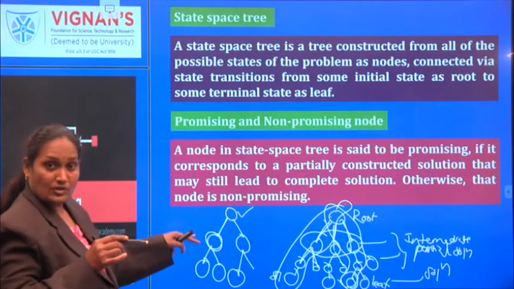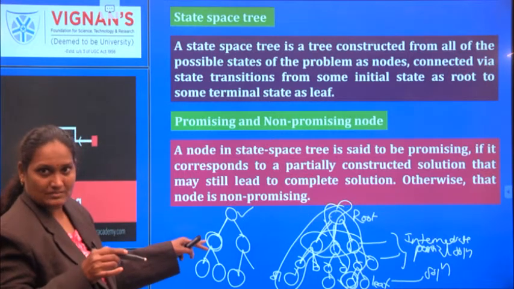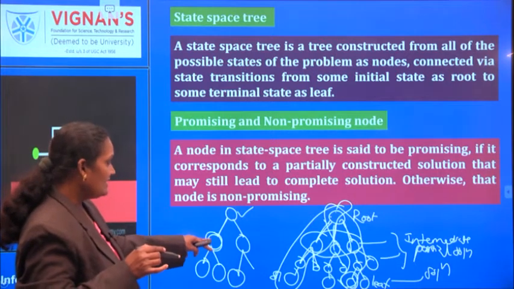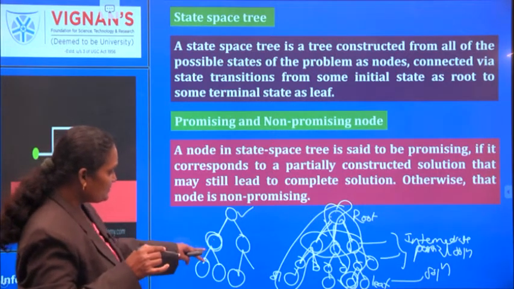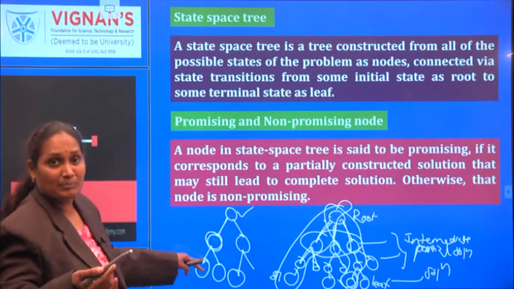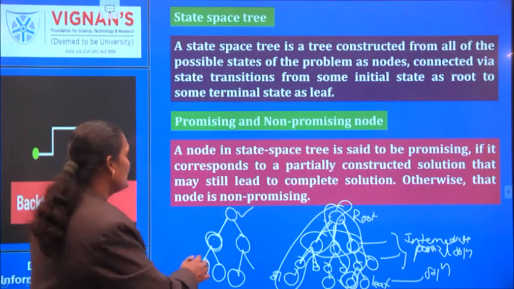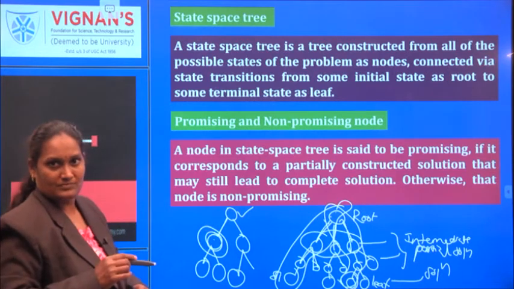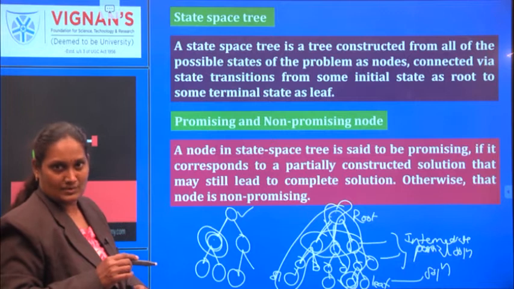If this node leads to a partial solution, and if I proceed from this node it gives a complete solution, then we can call this node a promising node.